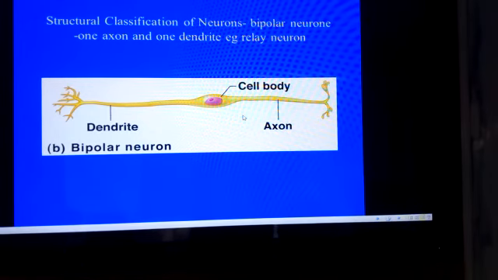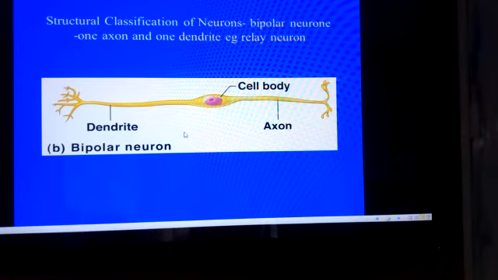And then we have another way of giving these neurons their name, that is based on the number of dendrites or dendrons that are arising from the cell body. If it is one, we call it a unipolar. If there are two, bipolar. If there are many, as seen in the motor neuron, we call that a multipolar neuron.